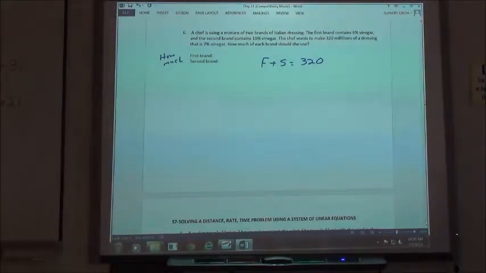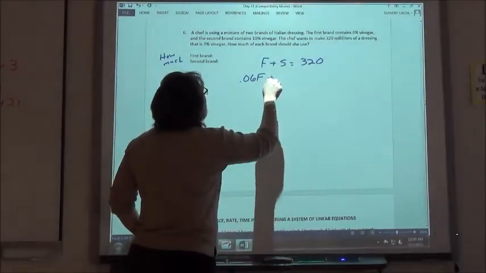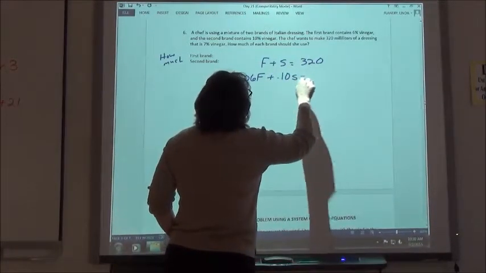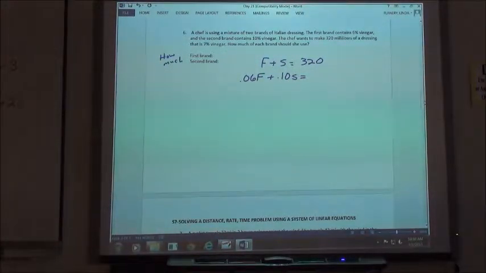Our second equation, using our percentages, we're going to have what? 0.06 F, 6% on the first, plus 0.10 S, 10%, equals, how do we get that number?